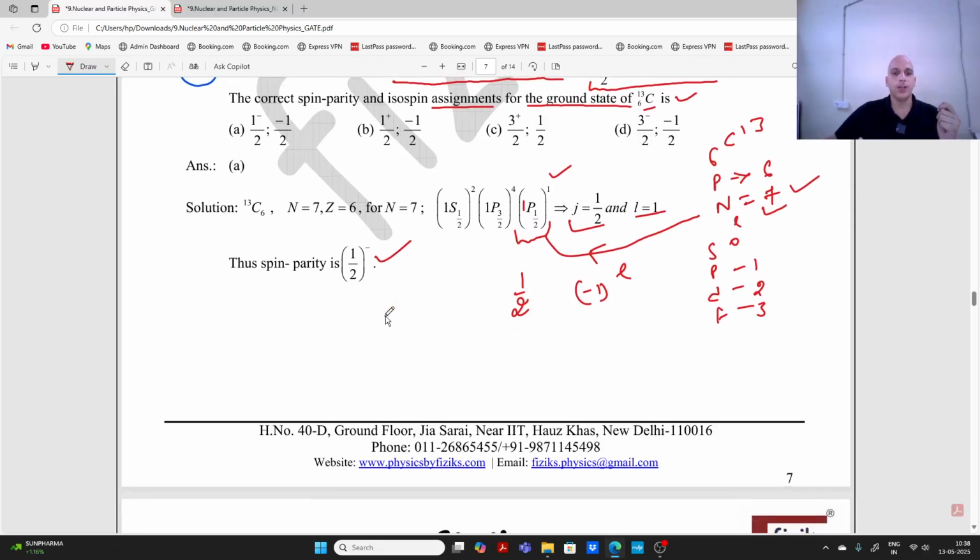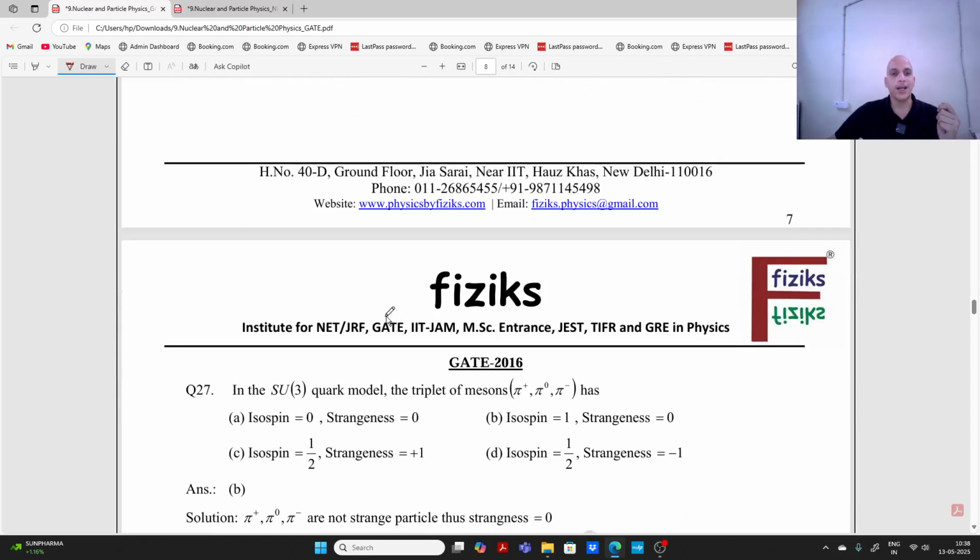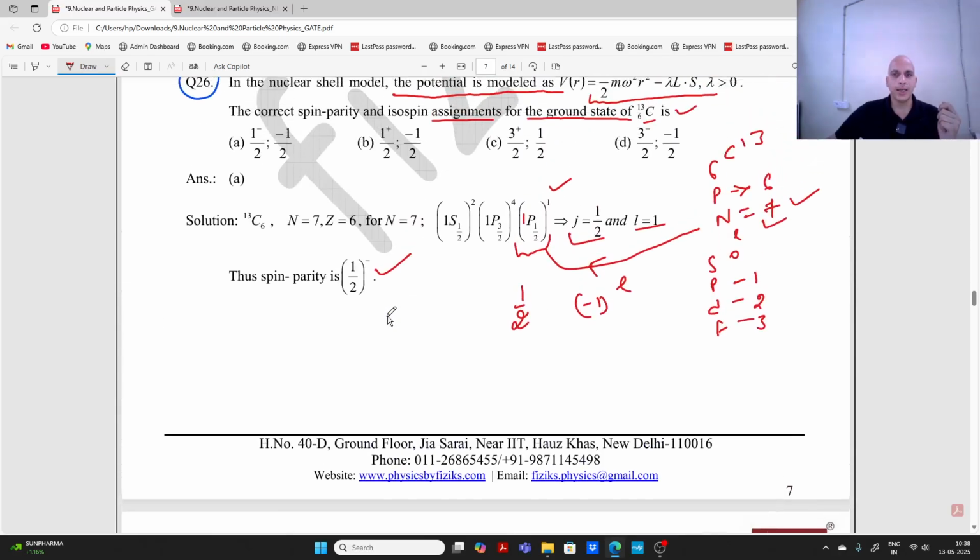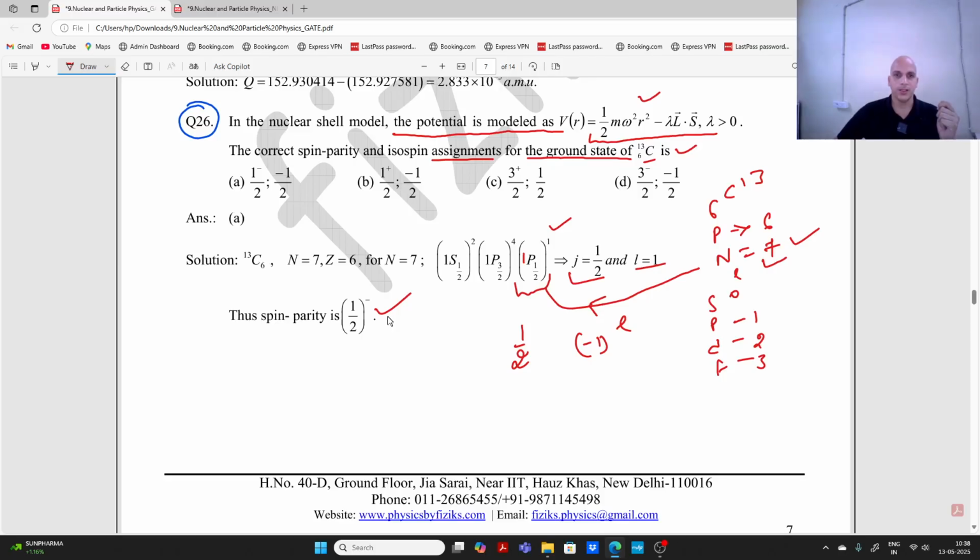Now they have also asked about the isospin, right? As far as isospin is concerned, we know very well the last particle is a neutron. This is very important. Now here how we can calculate the isospin, because we have to look at which particle is unpaired. If the unpaired was a proton, then we have to write down the isospin of a proton, but here the unpaired is a neutron.